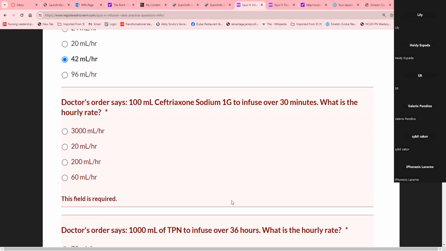And how about this one? $200. Okay, you see, we go back and forth. So that's what you have to pay attention to.